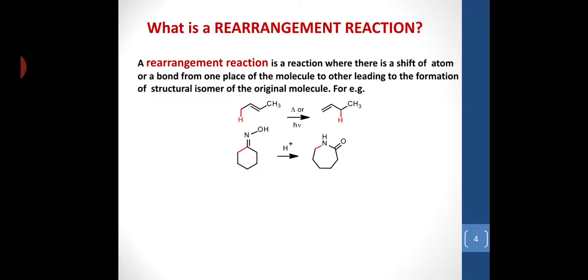There is a shift of a hydrogen atom from one position to three position, giving rise to an isomer. In the second reaction, there is a shift of a bond, as a result of which there is a ring expansion, a 6-membered ring getting converted to a 7-membered ring.